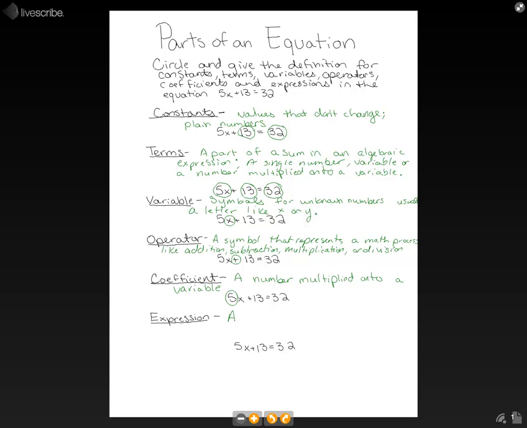And expressions are a group of terms separated by addition or subtraction. So in this example, our 5x + 13 would be considered our expression. So these are the main parts of an equation and what they mean and how to find them.